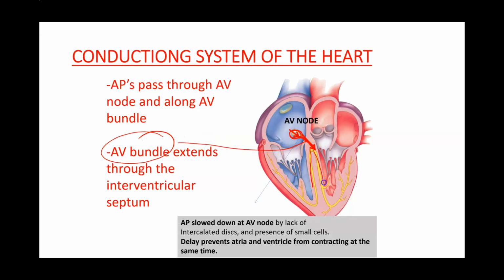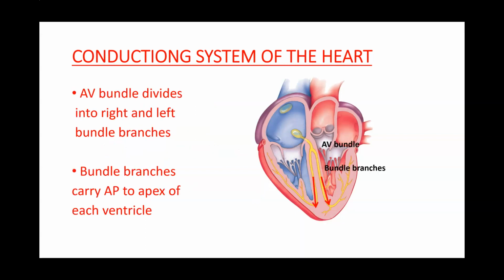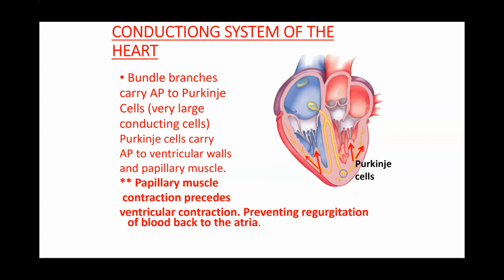The AV bundle splits into AV branches, or bundle branches, right here, which then carry the signal to the Purkinje cells. I'll show you in just a second. All the while, the signal is also being moved to other parts of the heart so that the ventricle will begin contraction. So these are the Purkinje cells.